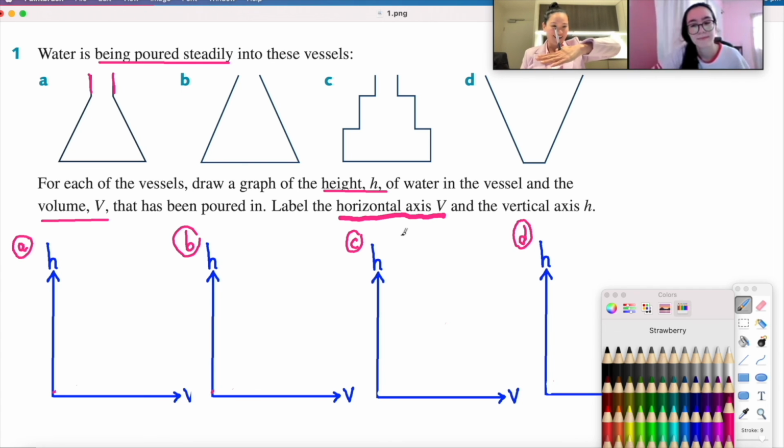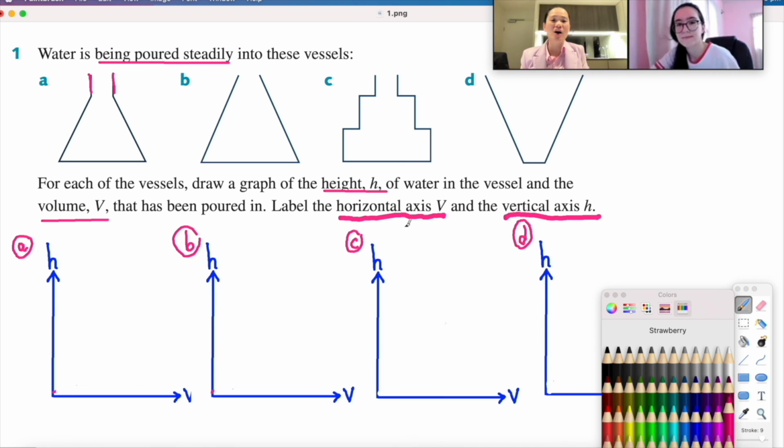This way, yeah? What is vertical? This way. So what does it mean? It means your axis X is V that we put here already. And your Y is H, height.